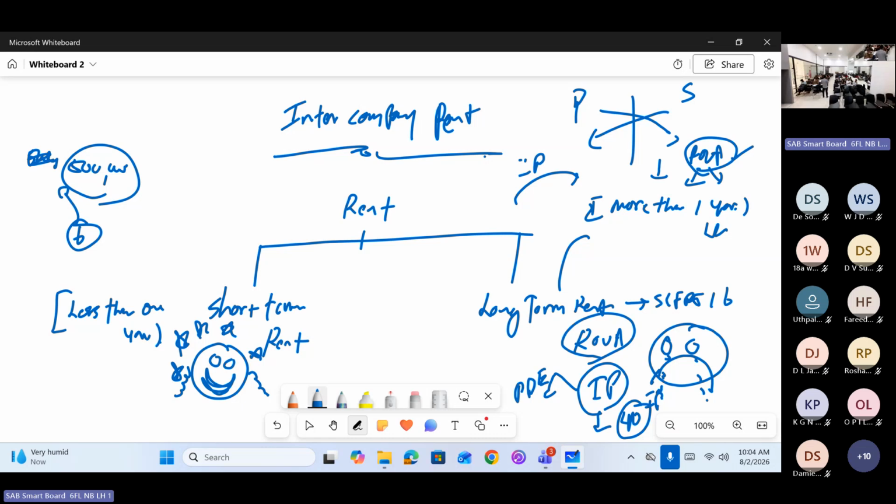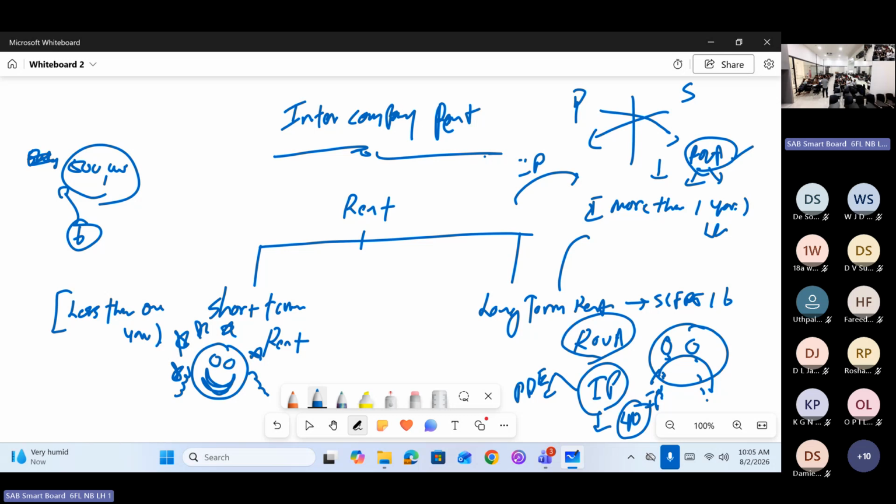So on consolidation, what is the other situation? We merge the subsidiary and the parent and treat them as one single entity. There is no such renting.